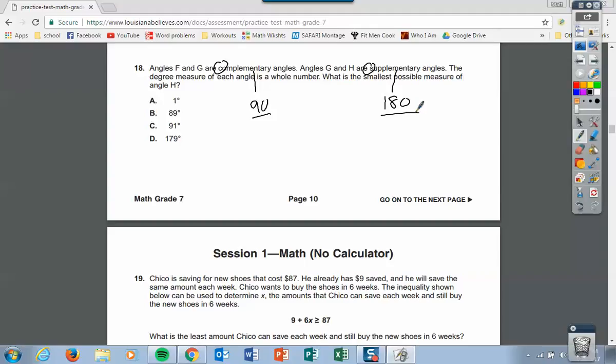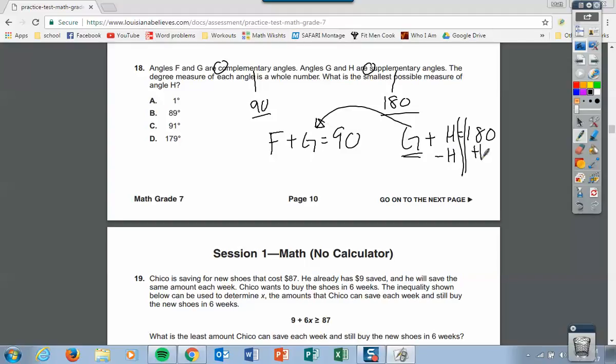So we're going to see that F plus G equals 90. And I know that G plus H is 180. Well, we've got to do some algebra here. Now I'm going to figure out how to substitute this G into there. In order to do that, I need to subtract H from both sides. So that gives me that G is equal to 180 minus H. So I'm going to put this value right here.